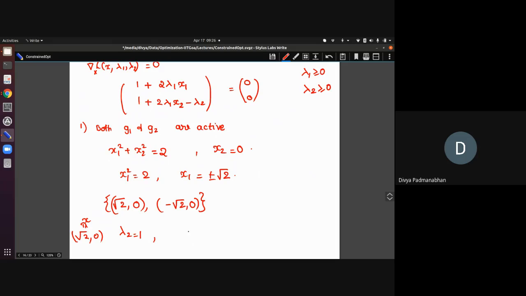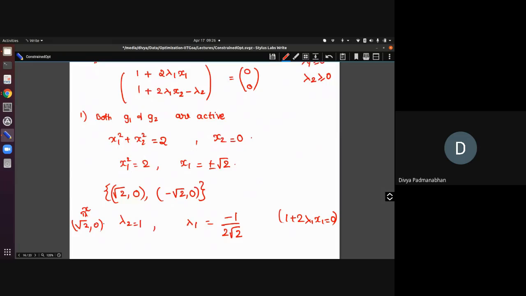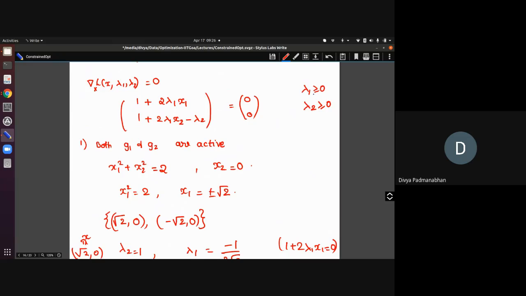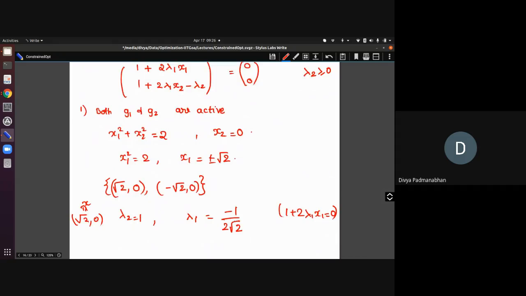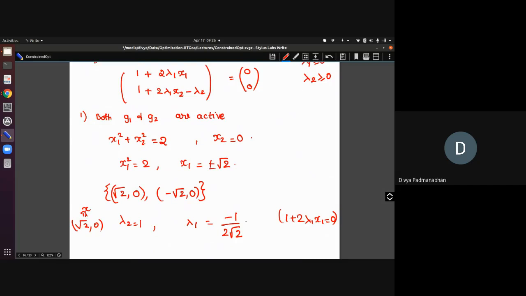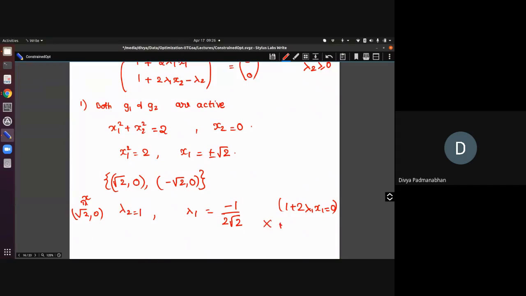Now what is lambda 1? Minus 1 by 2 root 2. I'm substituting this value into the equation 1 plus 2 lambda 1 x1 is 0. So these are the two values you got. Now you wanted lambda 1 to be greater than or equal to 0, but this doesn't satisfy it. Lambda 1 here is a negative value, so this is not a KKT point.